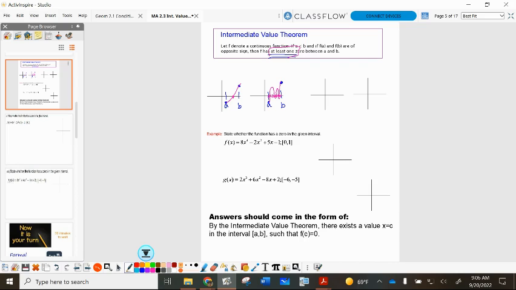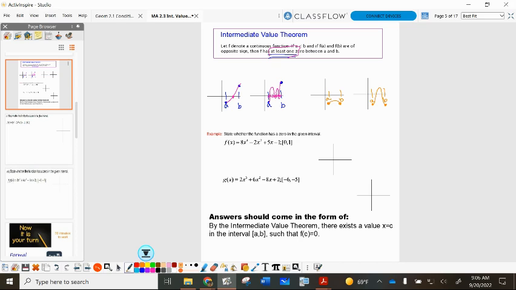So the other option is that they are not of opposite signs, so they're of the same sign. If we have a less than b again, so we've got this interval from a to b, if they are both negative, it's possible that it never crosses the x-axis, but it's also possible that it does cross once or many times, but then just comes back to that side.